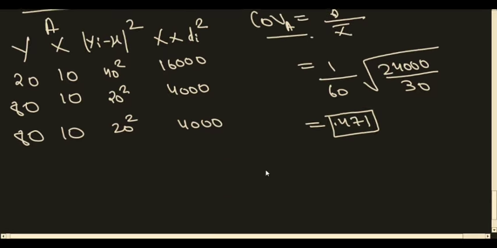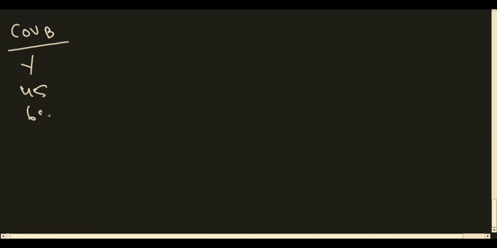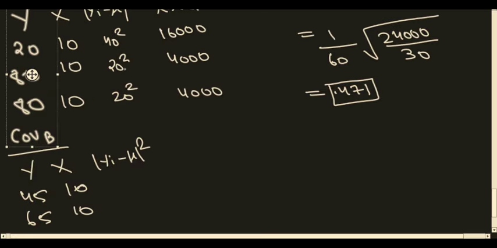Okay, now moving towards the coefficient of variation for country B. Here we have incomes as 15, 45, 6,500, and the number of observations the same, 10, 10, and 10. Then we have squared deviations from the mean.